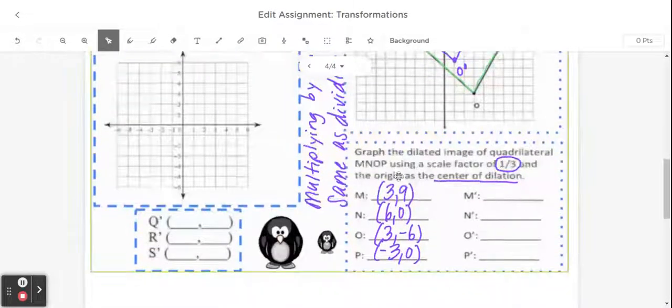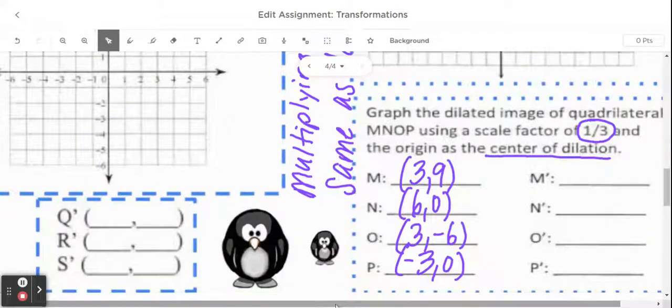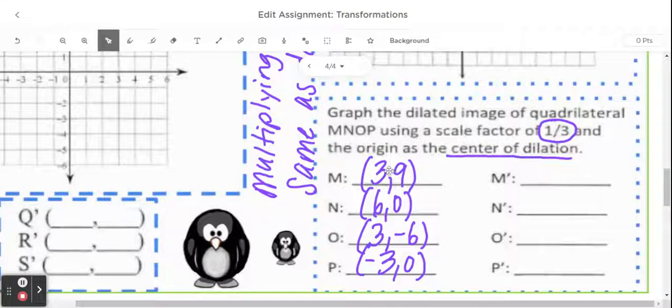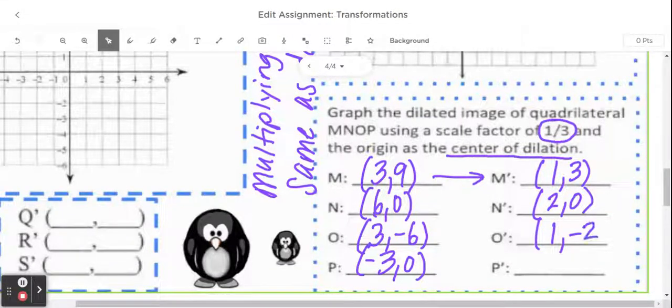Now, one way you could also do it using the numbers, and you can only do this if the center of dilation is the origin, you can just multiply each of these numbers by the scale factor. The scale factor is 1/3, so instead of multiplying by 1/3, we're going to divide by 3. 3 divided by 3 is 1. 9 divided by 3 is 3. Do you see how if I divide by 3, I'll get this? 6 divided by 3 is 2, 0 stays 0. 3, negative 6 divided by 3 is 1, negative 2.